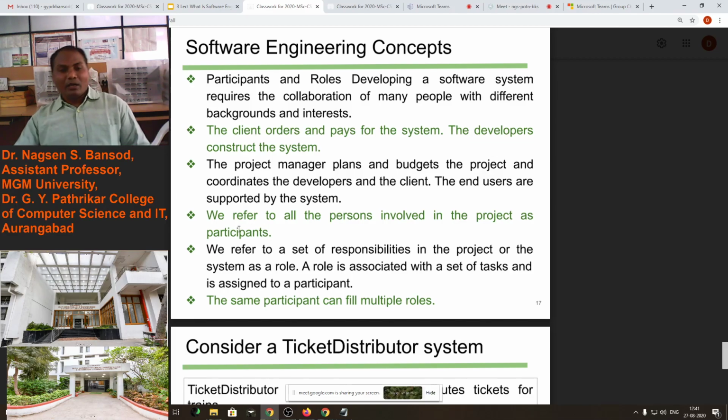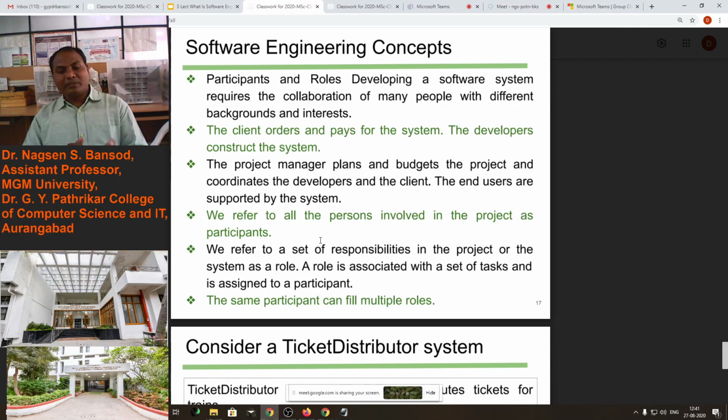You see, the manager is the main person to plan the budget, how much cost will be required to develop a particular system or software, and as project coordinator, how many employees we will require, how many devices we will require, all will be coordinated by the manager.